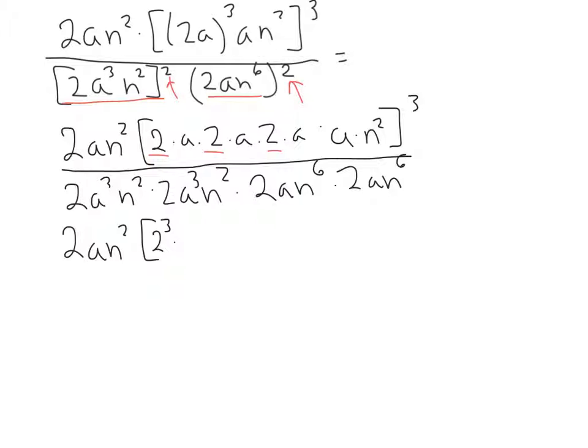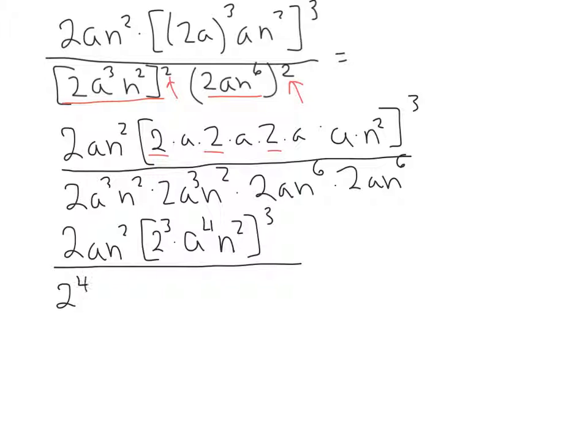Then I'm going to count my a's, and there are 1, 2, 3, 4 a's, so that's a to the 4th, and there's an n squared. And this is going to be written 3 times, but I'm going to just write cubed right now, and we'll do it 3 times on the next line. So the denominator has 2 to the 4th, since there are 4 2's in there as factors.